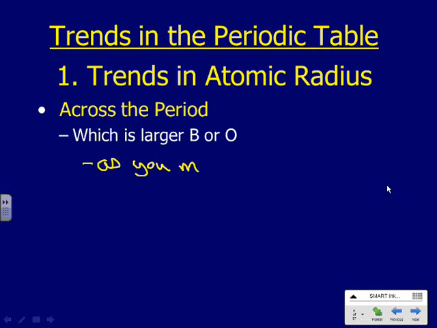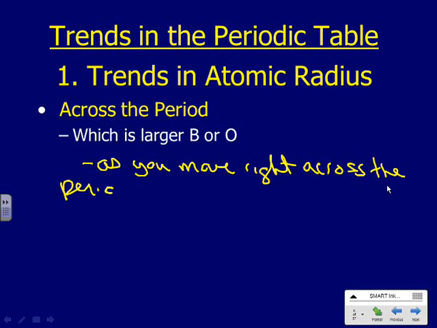As you move right across the periodic table, the number of protons increases.